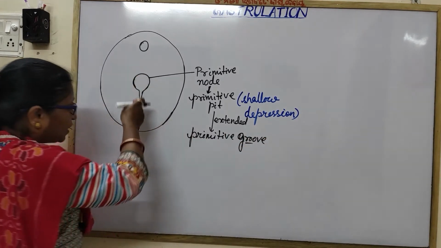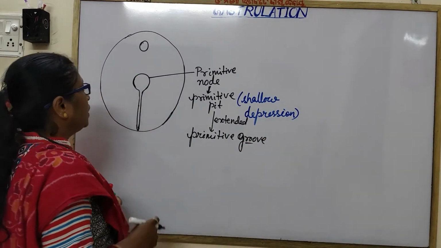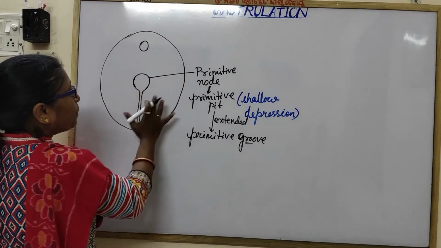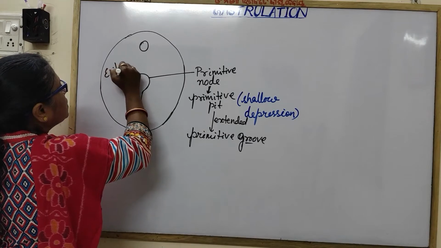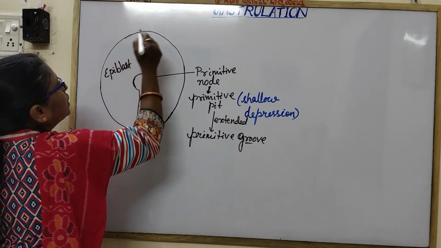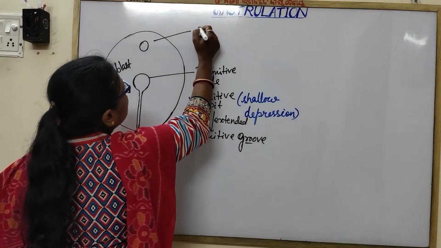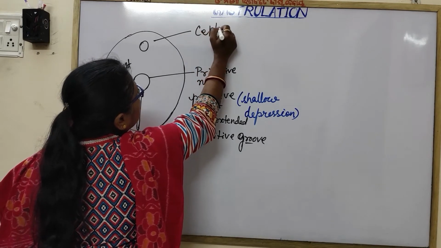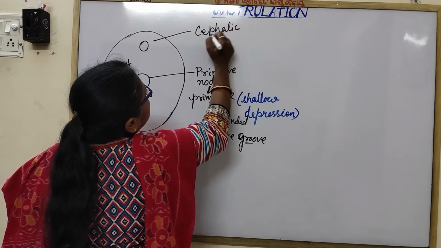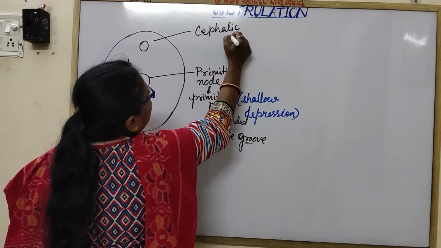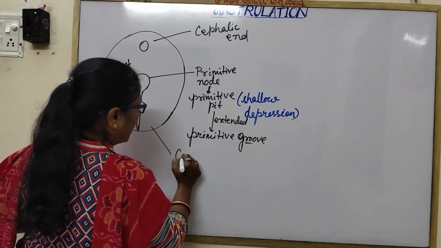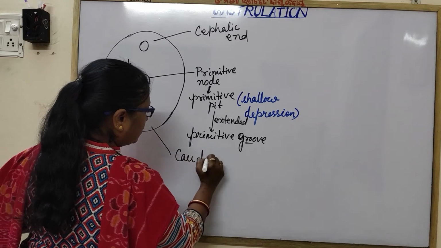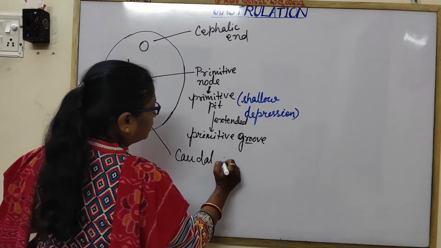Groove, a longitudinal depression. Then this is the epiblast. It is the head region, cephalic end. This is the caudal end, tail region.